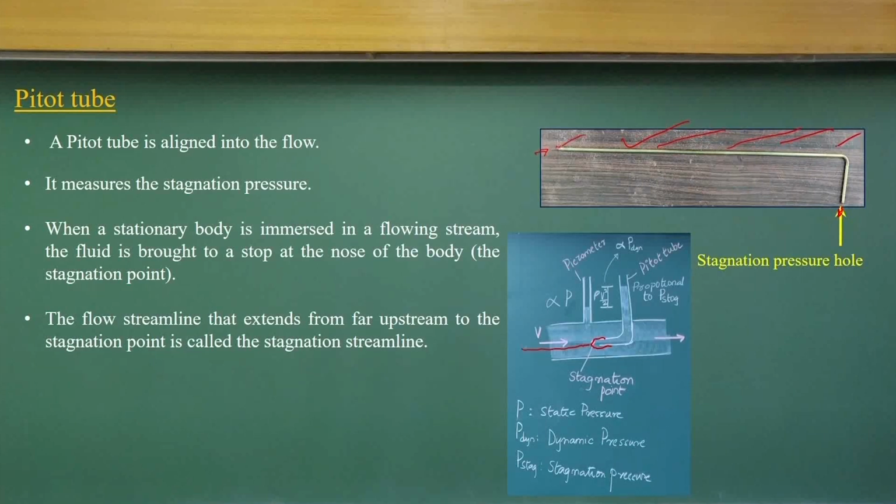This is the point where the stagnation pressure is developed, and it has two components, static pressure and dynamic pressure, and with the help of the manometers we can measure the pressures, and once you know the pressures, you can compute the dynamic pressure and you can compute the velocity. It is just an application of Bernoulli's equation.